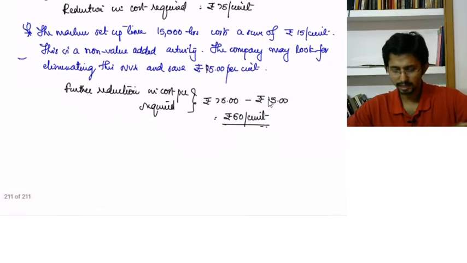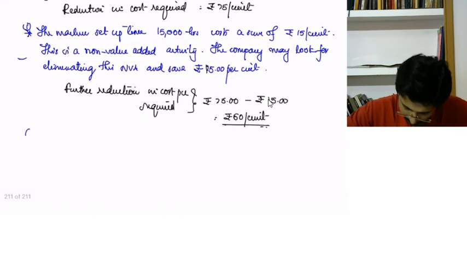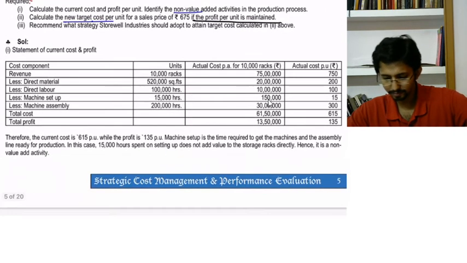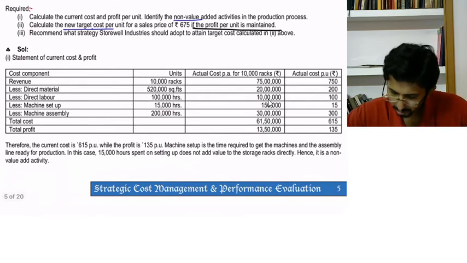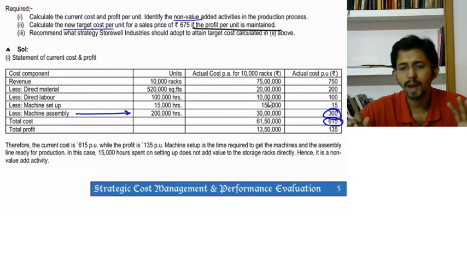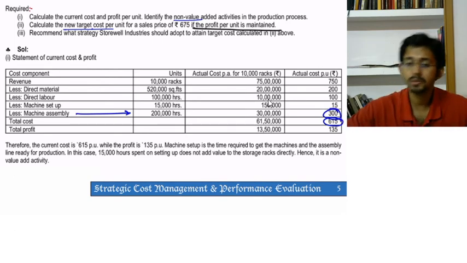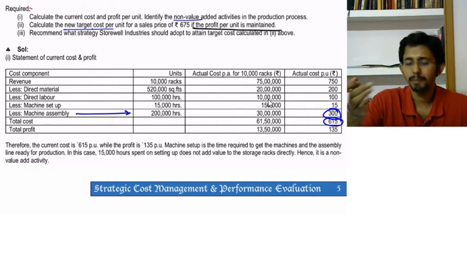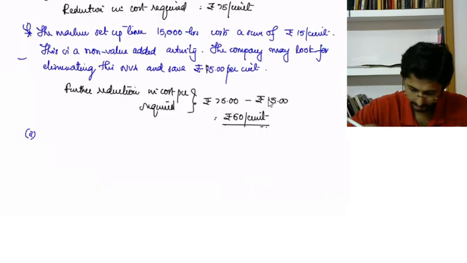Now what is the second possibility? Now if you see the question, you can see that out of the total cost of 615, almost 50% of the cost is on account of machine assembly. Machine assembly is a value added activity, but the amount incurred for that value added activity is very high. So what you can do, you can think of methods to reduce the cost in the value added activity.